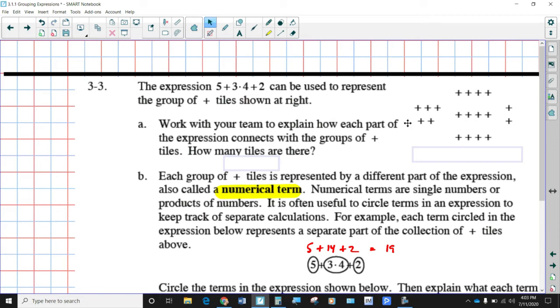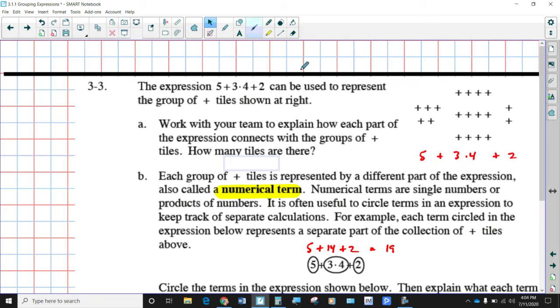So you notice this grouping right there, how we have 5 positive ones there. That's this part right here. How we've got 1, 2, 3, 4 positives in this row, but we've got 3 rows of them, which is the 3 times 4, and then you've got these 2 right here. So we could kind of show it in these terms.